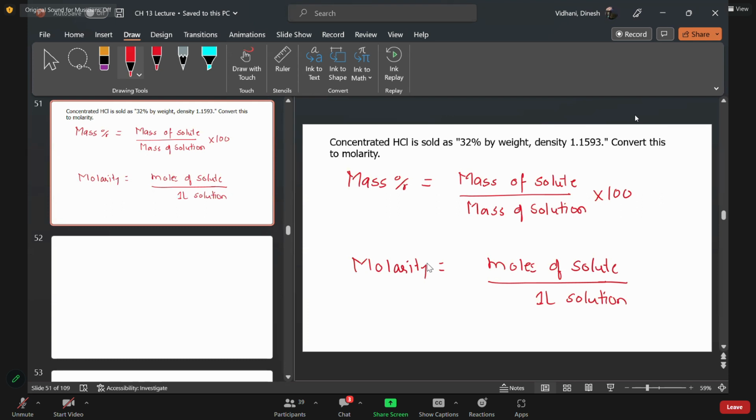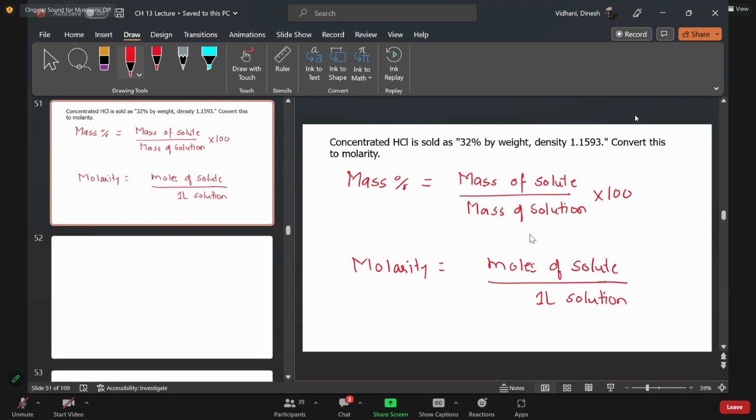Let me give you one more hint over here. Assume that you are given 100 grams of hydrochloric acid solution. So if you are given 100 grams, how many grams is actually hydrochloric acid in that? That would be your first hint. Then the second hint is molarity includes moles, not weight.